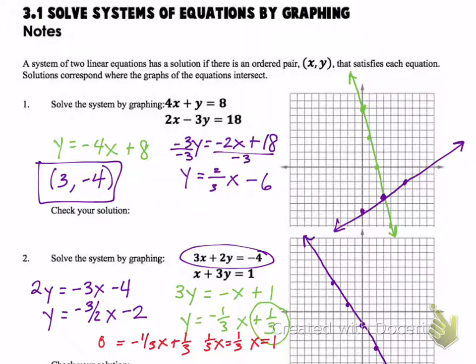So I have an x-intercept at 1, 0. So I'm going to put my point there. Then if my slope is negative 1/3, then I'm going to go down 1 to the right 3. If I go the other way, up 1 to the left 3.